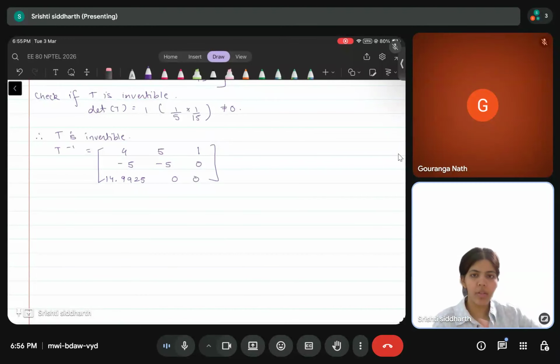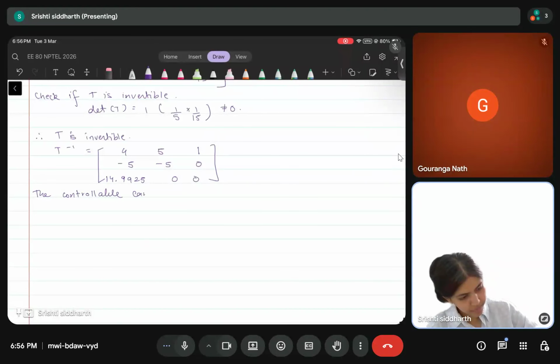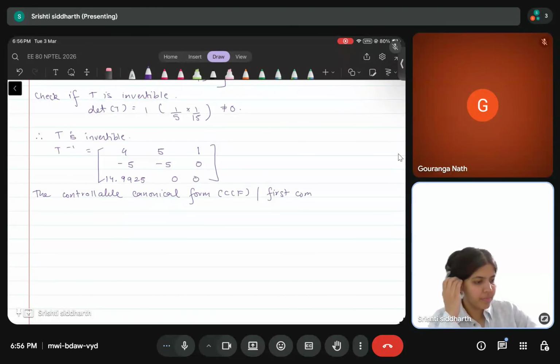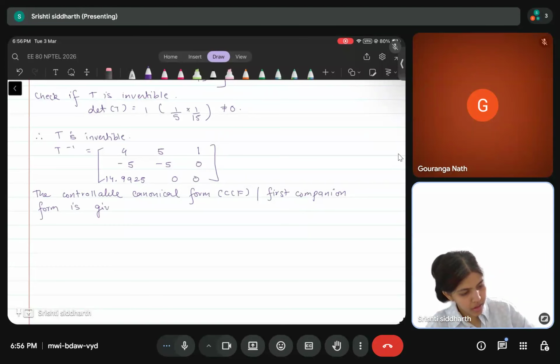So if we have used the transformation T to the controllable canonical form, let's say the new state was Z, which we did earlier.